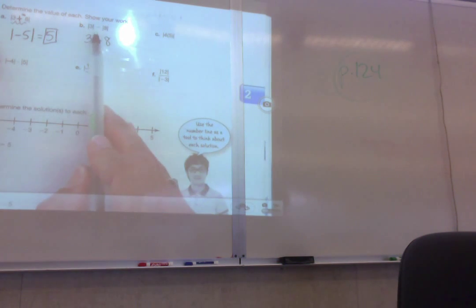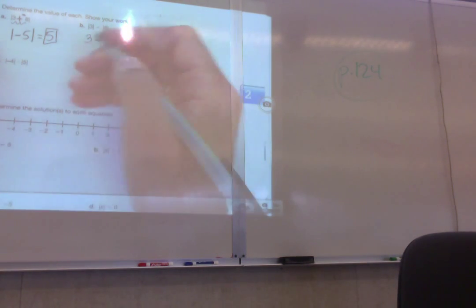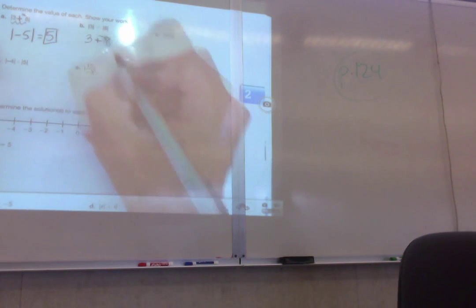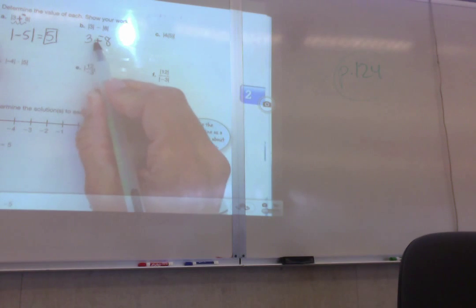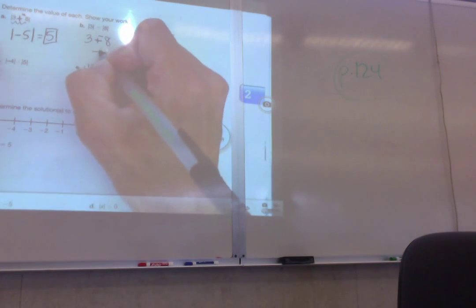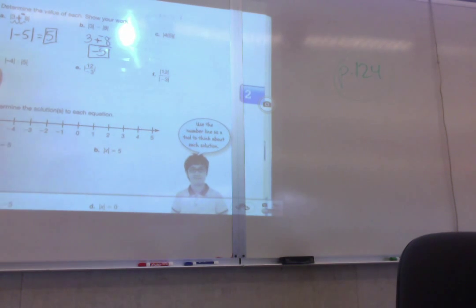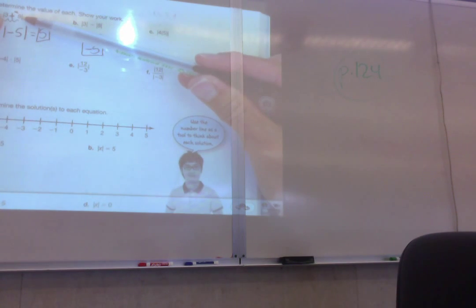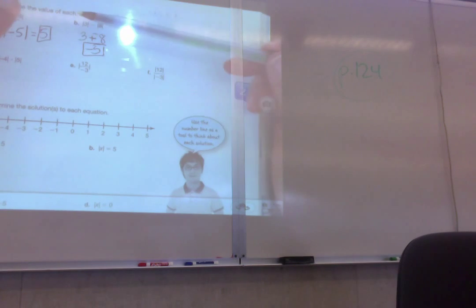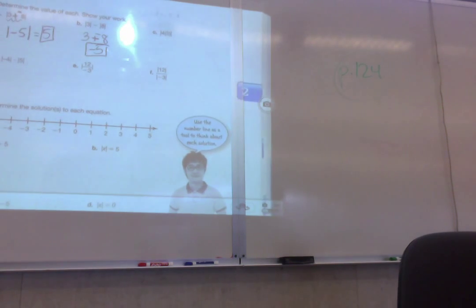This time the subtract is outside the absolute value, so I'm going to do it after I've taken the numbers out. 3 minus 8, keep, change. 3 plus negative 8, negative 5. So it looks like a similar problem, but the absolute value surrounds the whole problem here, and only surrounds numbers there.